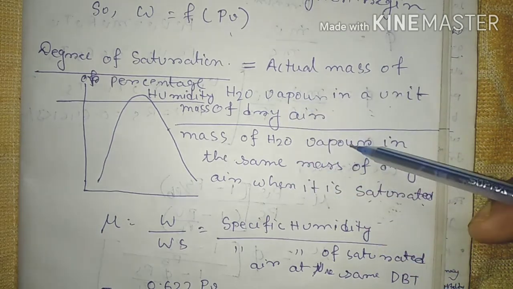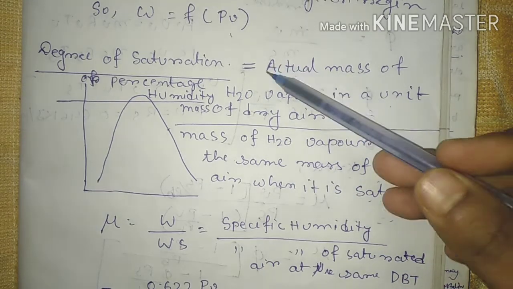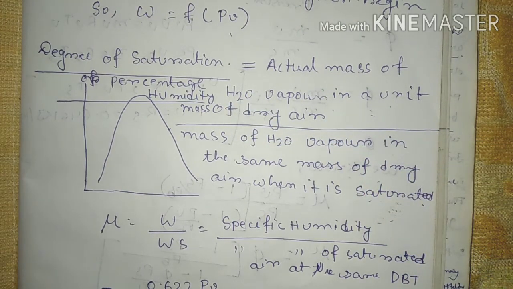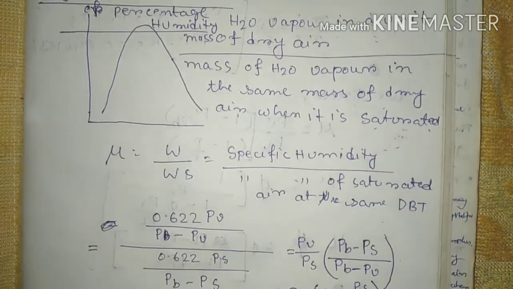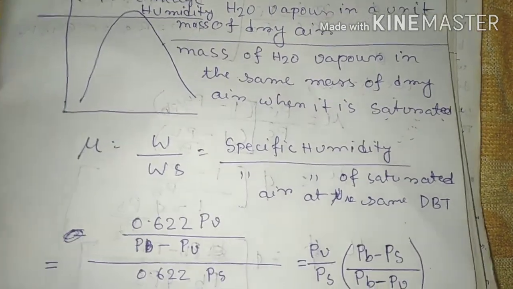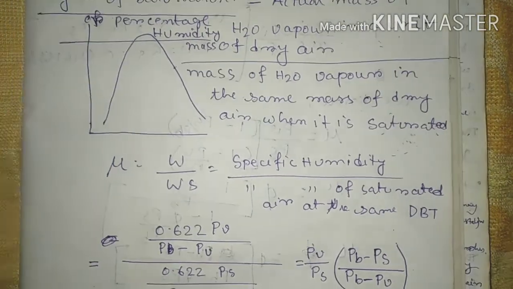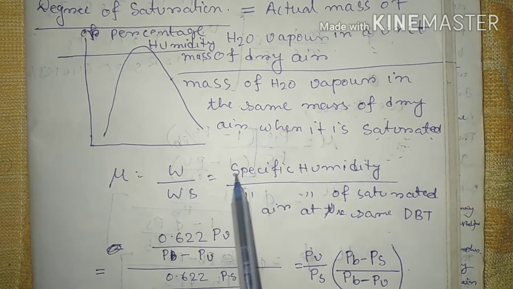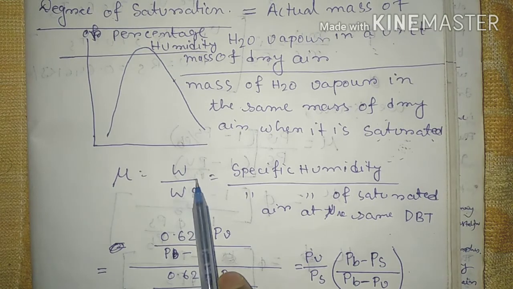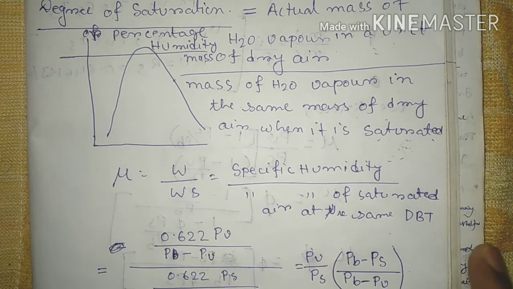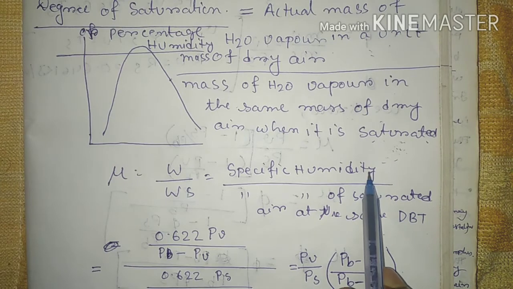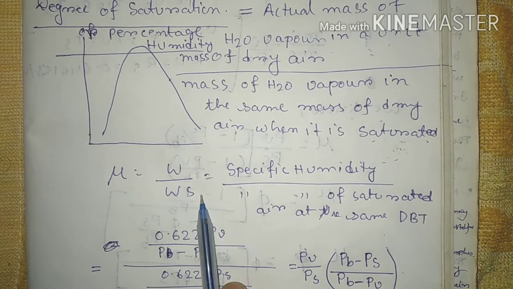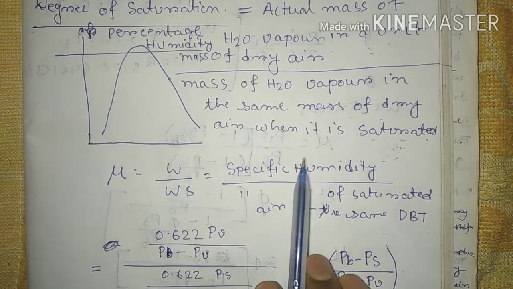Degree of saturation is sometimes also called percentage humidity. It is often denoted by mu, and it is defined as W by Ws. What is W? As you know from the previous topic, W is your specific humidity or humidity ratio, and Ws is the specific humidity when it has reached the saturated state.